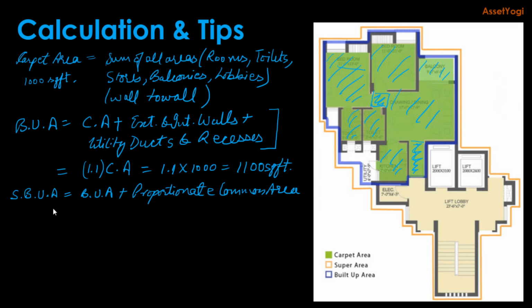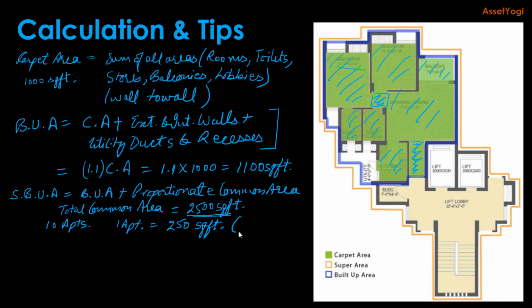Now suppose your total common area of the complex is 2500 square feet, and let's say there are 10 apartments in the complex, then these 2500 square feet have to be divided amongst 10 apartments. So for each apartment, one apartment common area will be 250 square feet. So this will be your proportionate common area.